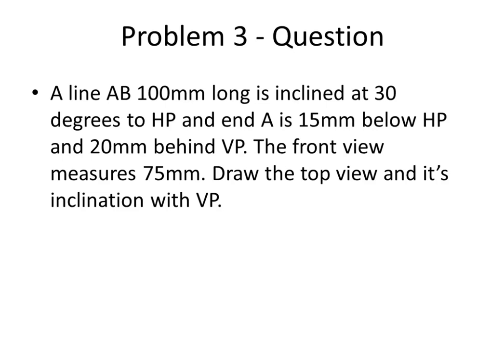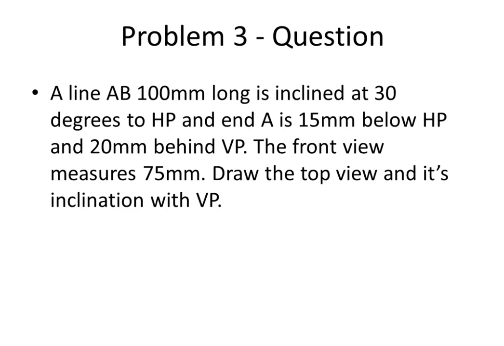The other is the inclination of the line with HP, which is given as 30 degrees, and yet another data is the length of the front view. So we will also try to see this problem using the software, how this is oriented in 3D, to get an idea of how to draw the projections.